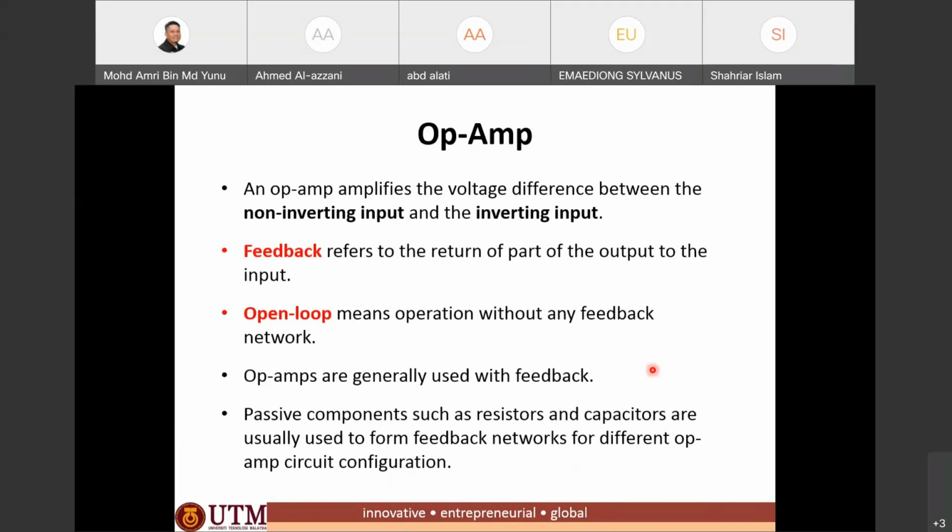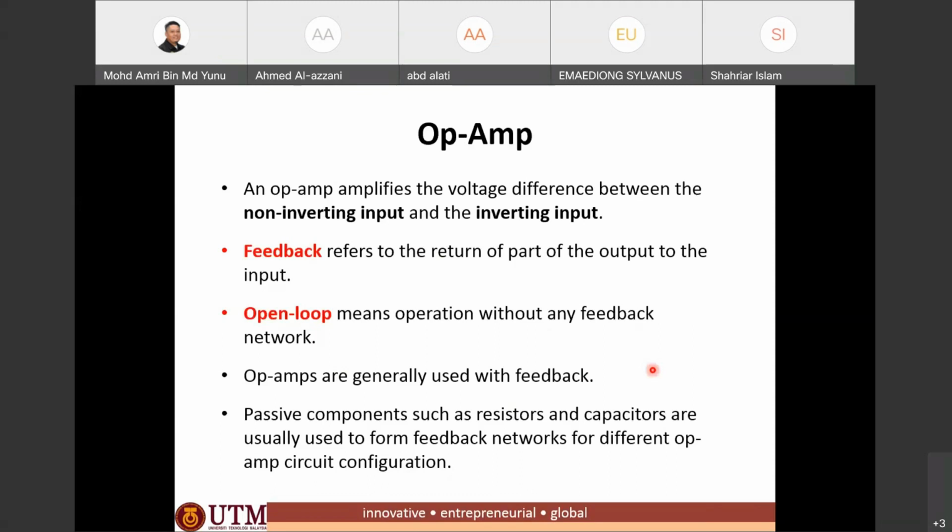The op-amp amplifies the difference between the non-inverting input and the inverting input, depending on the network, or the wiring of the circuit we put together.